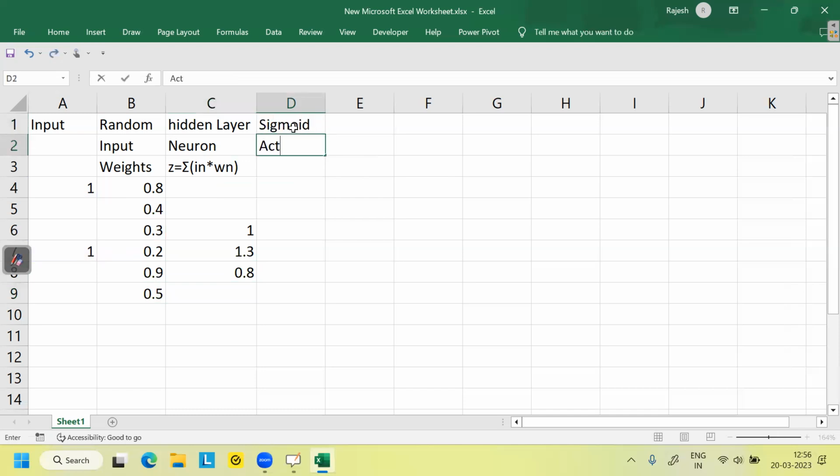Sigmoid activation: one divided by 1 plus e to the power minus z.